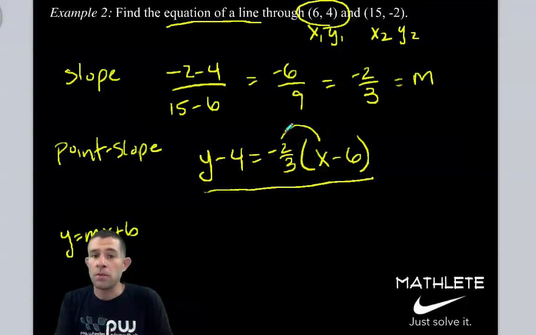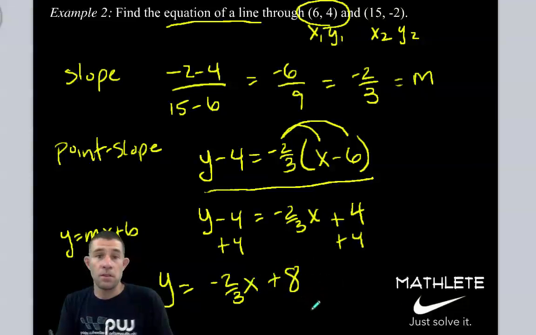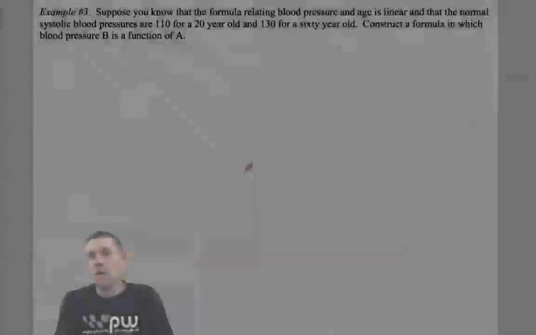So in order to do that, we'll distribute our slope inside our parentheses again. And then we're going to add our 4 over to get y by itself. So in the end here we have y equals negative 2/3 x plus 8. There is the equation of our line in slope-intercept form, and here's the equation of our line in point-slope form.